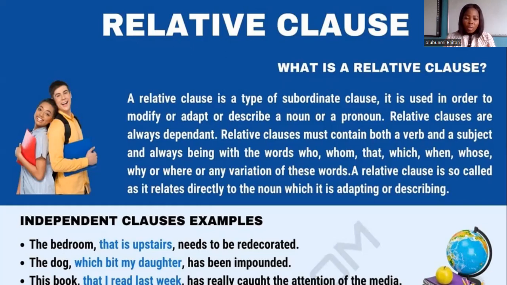The clause is a group of words, and in that group of words you're going to find a subject and a verb, a finite verb. A clause is then subdivided into the independent clause and the dependent clause.